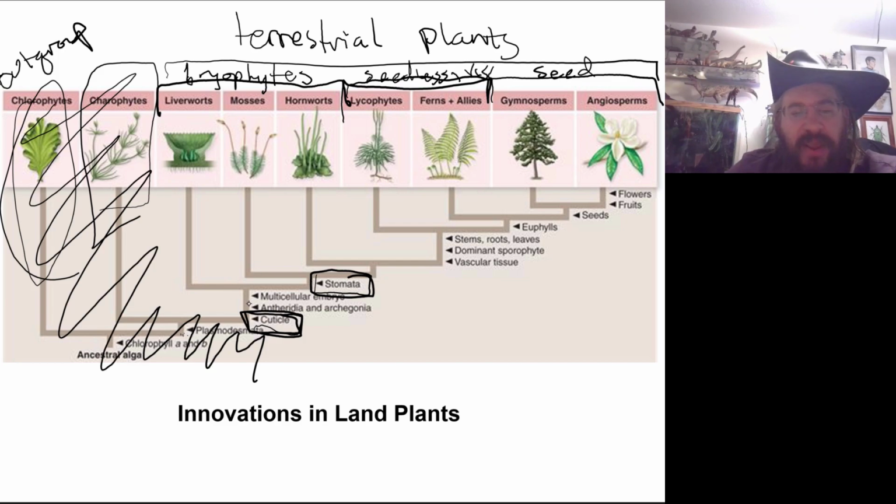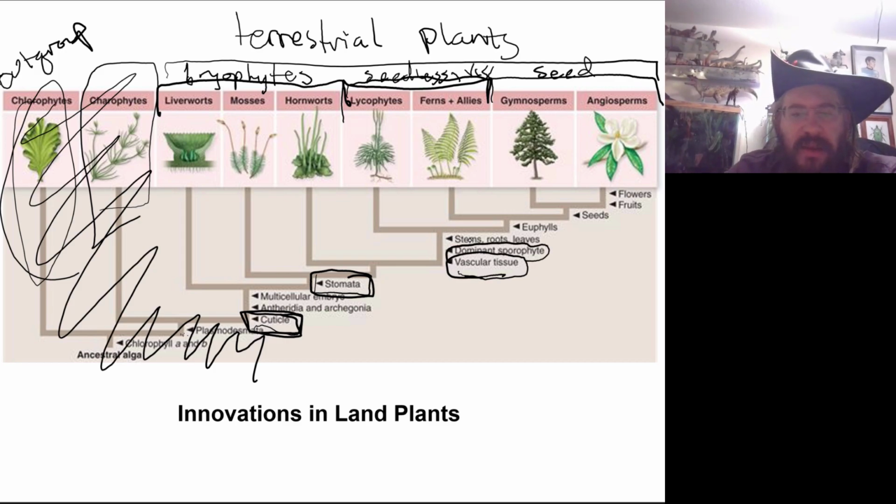We're really not breaking synapomorphies out amongst the different bryophytes. So really cuticle, stomata, and this is the onset of alternation of generations, right? Seedless vascular plants: vascular tissue.